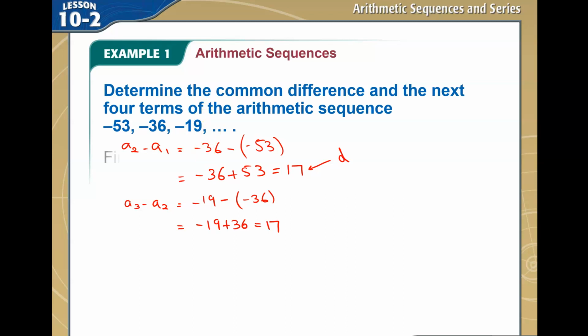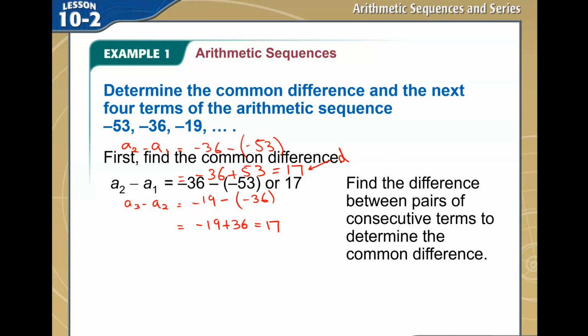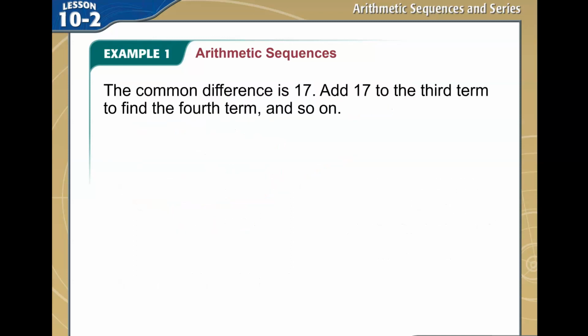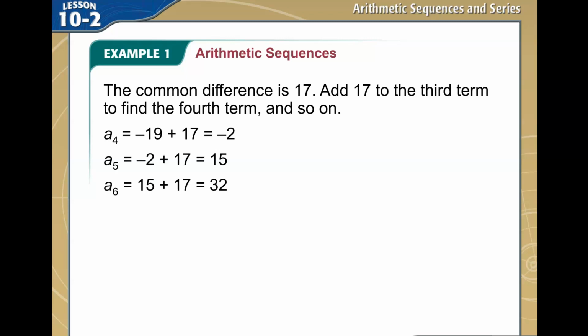Let me show you. The first common difference is 17, and then another common difference is 17. Now how are you going to find the next term? It is simple: keep adding 17. So the fourth term is going to be negative 2, and then 17 more is 15, and so on. Clear?